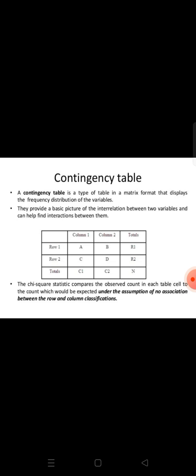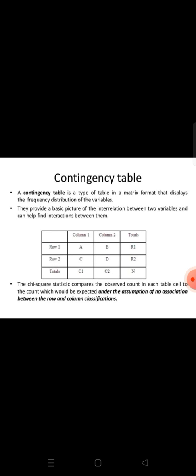Contingency table. A contingency table is a type of table in a matrix format that displays the frequency distribution of the variables. They provide a basic picture of the relation between two variables and can help find interaction between them.